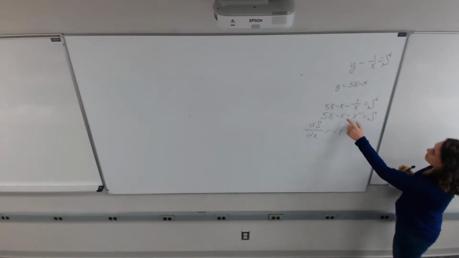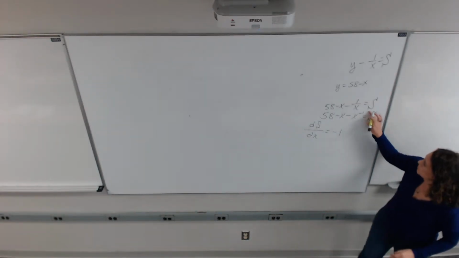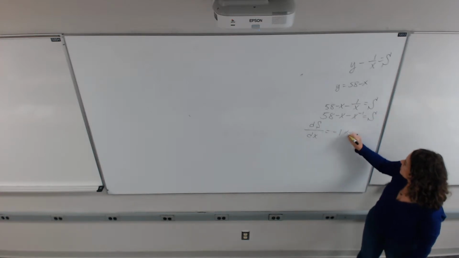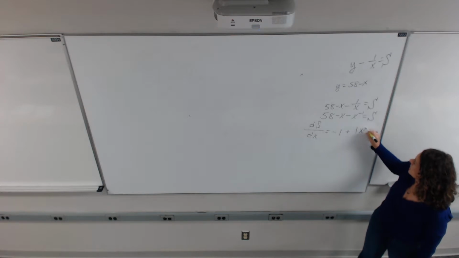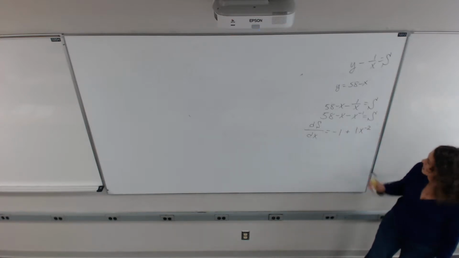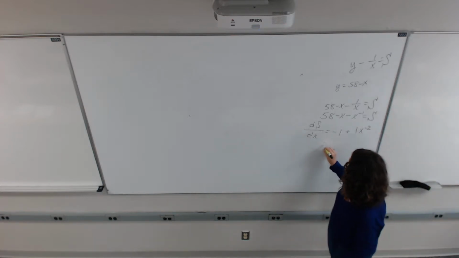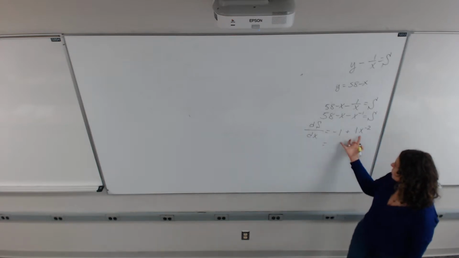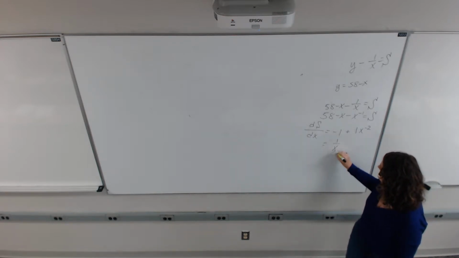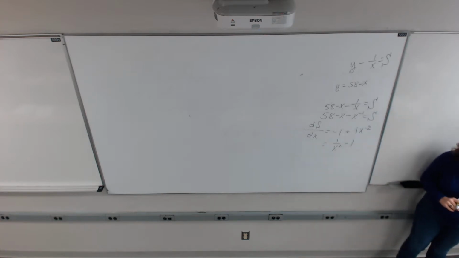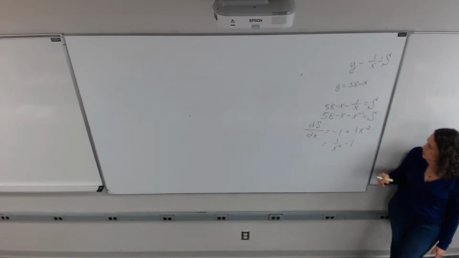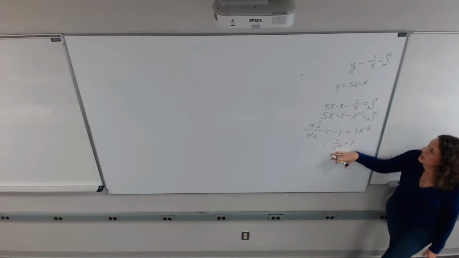The derivative of negative x to the negative 1 would bring the negative to the front, so you get a plus 1 x to the negative 2, right? So this would drop to the denominator, and you could reverse the order of these two terms. So it's written a little bit more normally as 1 over x squared minus 1. So when would this not be defined?